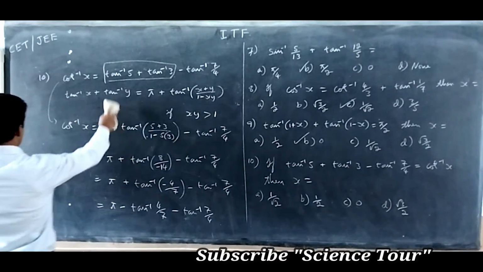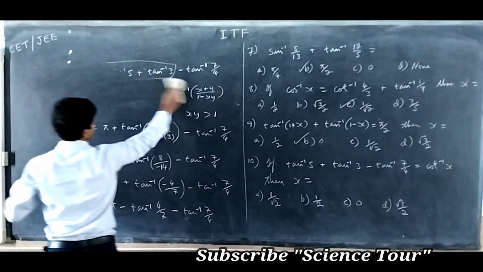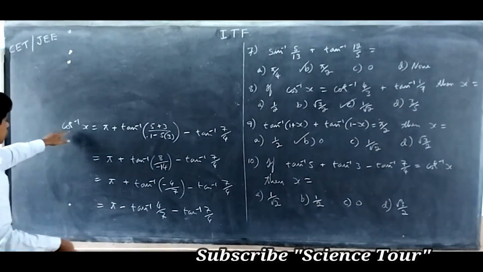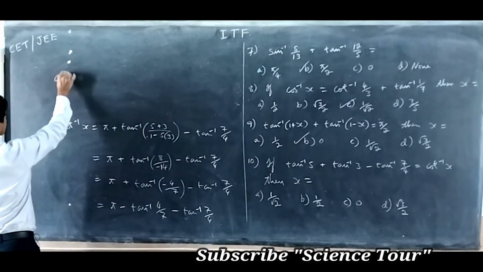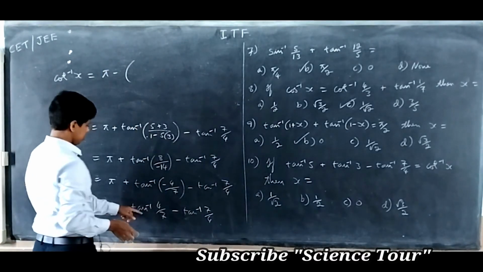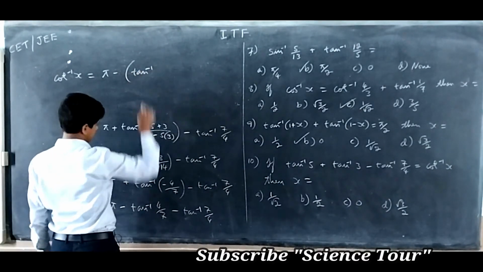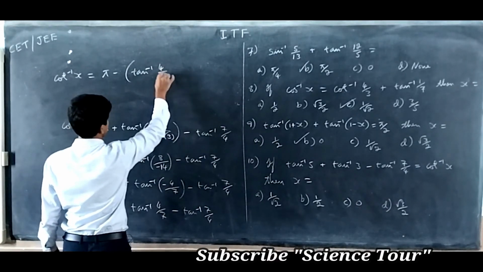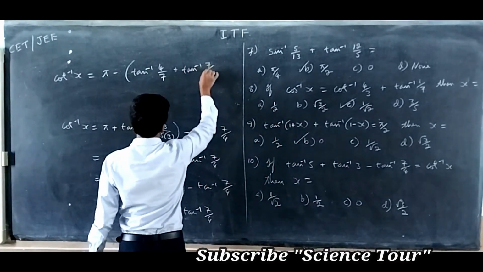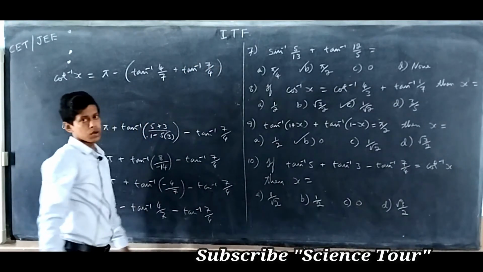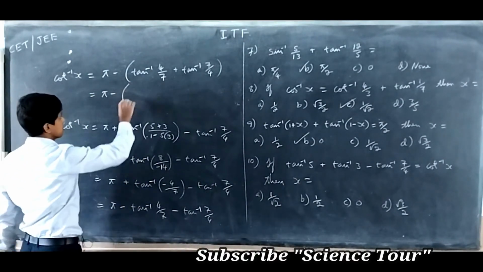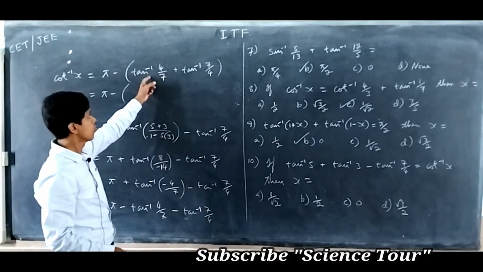So cot inverse x is equal to pi, I'll take minus common, so this will be tan inverse 4 by 7 plus tan inverse 7 by 4, right.